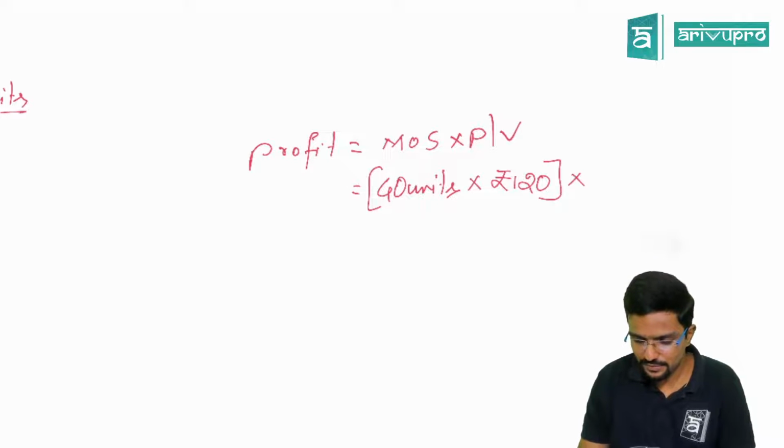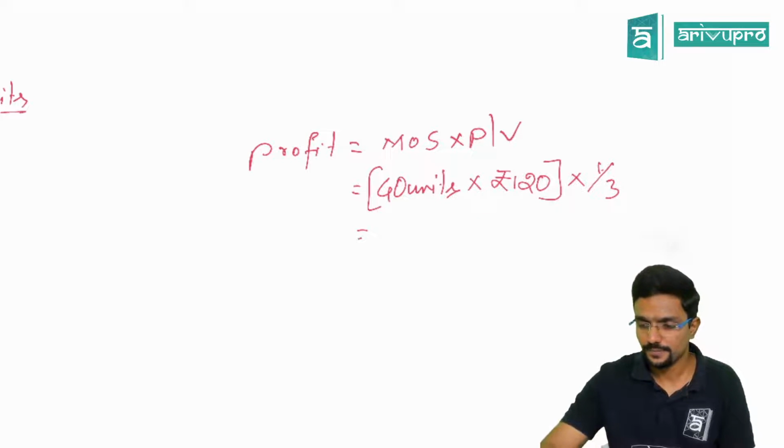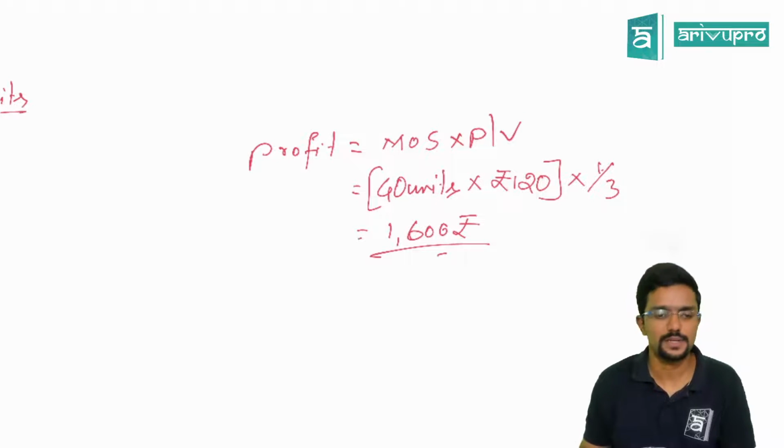If you multiply this with PV ratio, 1 by 3 or 33.33%, you have to get that much. So 40 into 120, 4,800, divided by 3. So it will be 1,600 rupees. This is my profit.